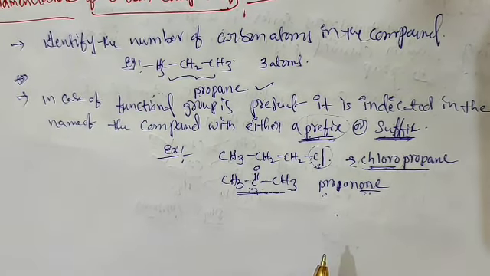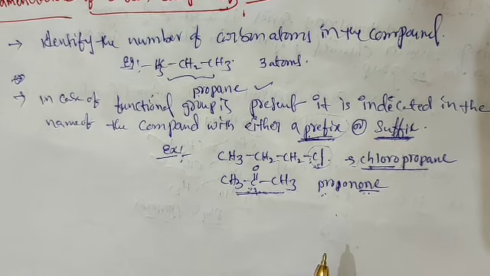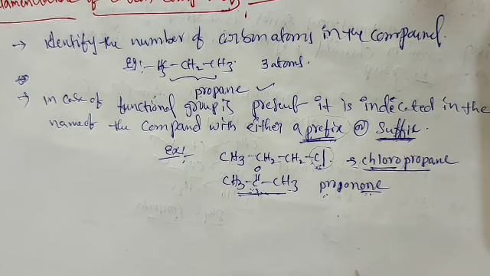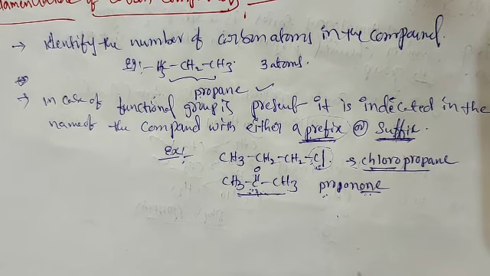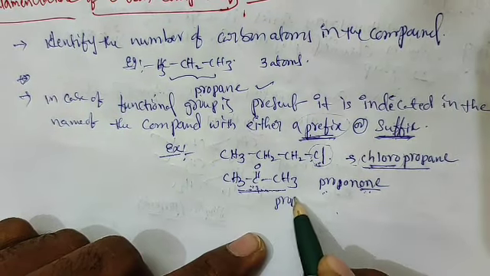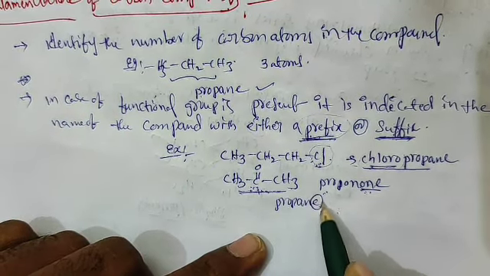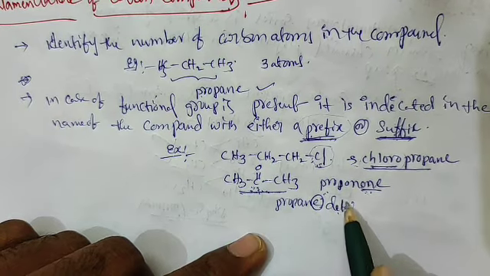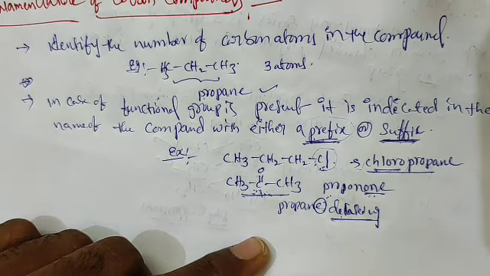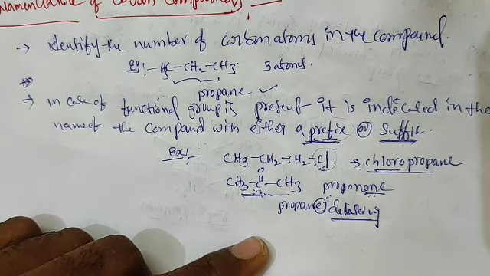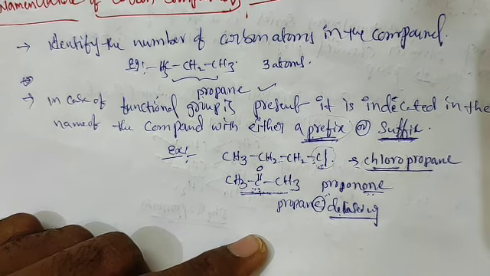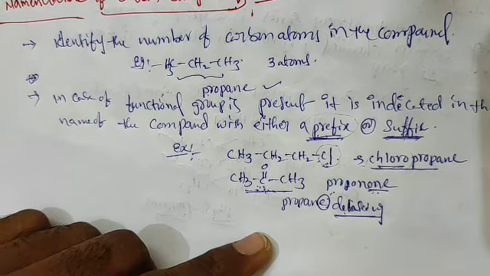The name of the functional group is to be given as a suffix. The name of the carbon chain is modified by deleting the final E, so for propane we delete the final E and then add the suffix name. If the chain has 3 carbons and a ketone group, it is named in the following manner.